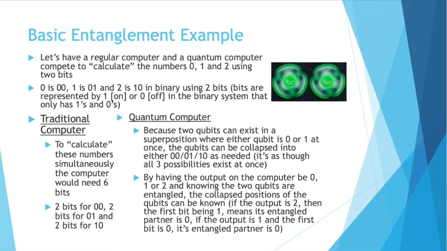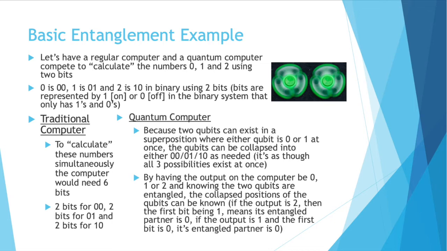So we can collapse just 2 qubits into the correct answer. We don't have to go through all 3 combinations. And through entanglement, we know the output of the entire system, and we know something about each piece, each qubit.